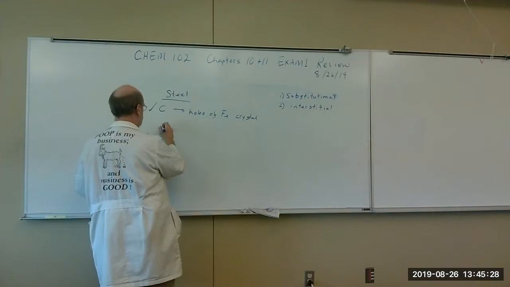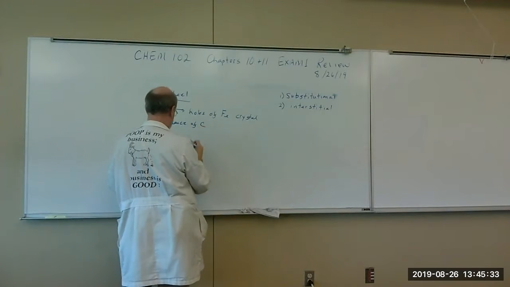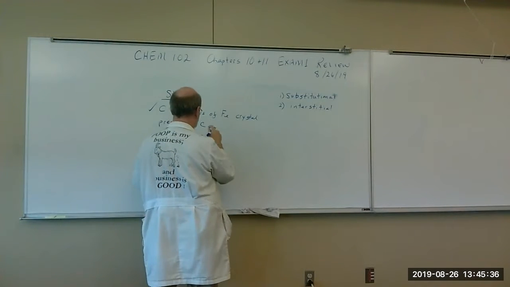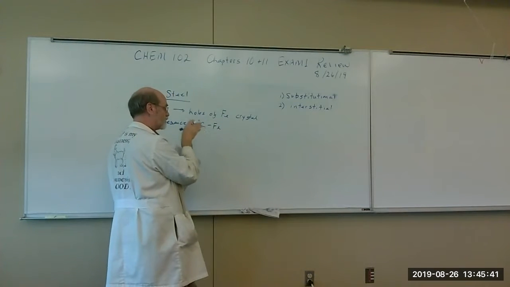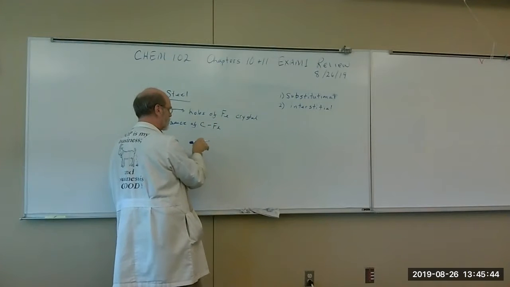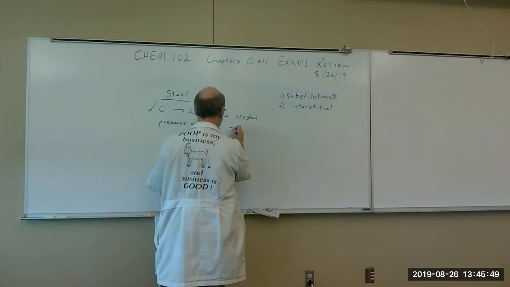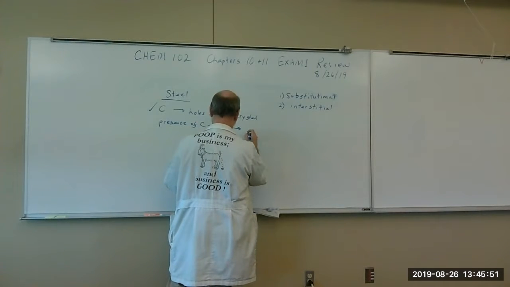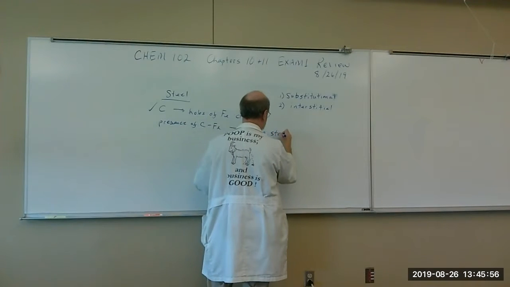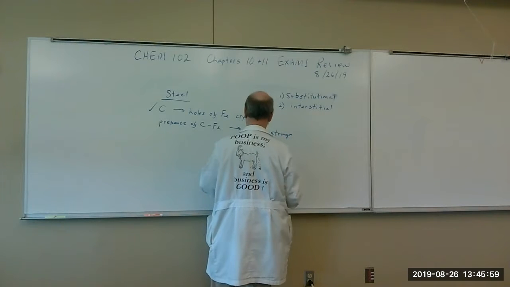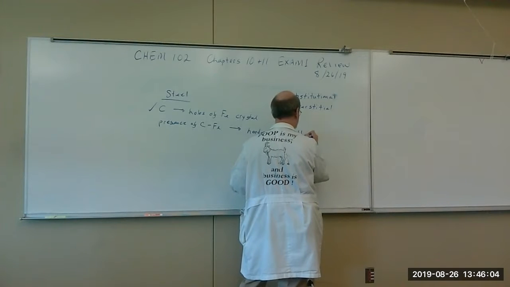Okay, the presence of carbon, actually the carbon-iron bonds, because they do bond as you fit the carbon into the crystal structure, you do get carbon-iron bonding, yields harder, stronger steel than pure iron.